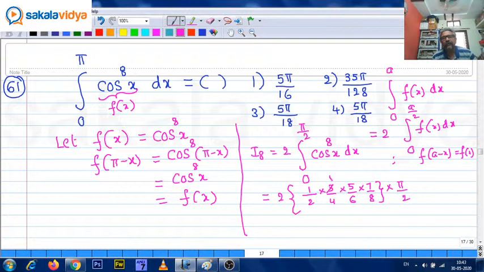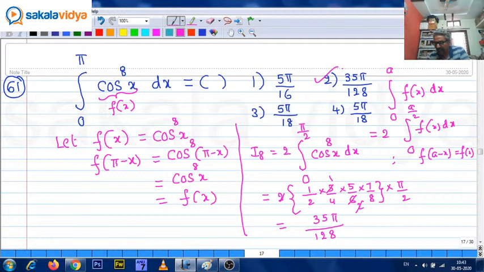Here 3 by 1, 3 by 2, and this 2 gets cancelled. That means 35 pi upon 16 into 8, that is 128. That means the second option is the right option.